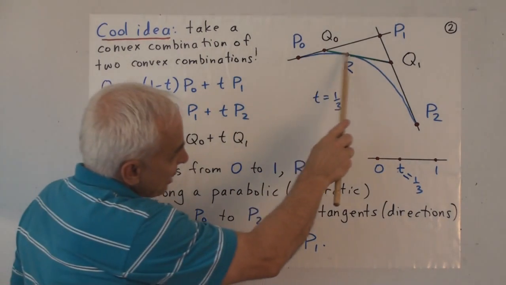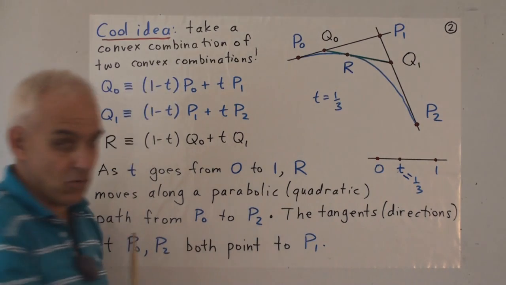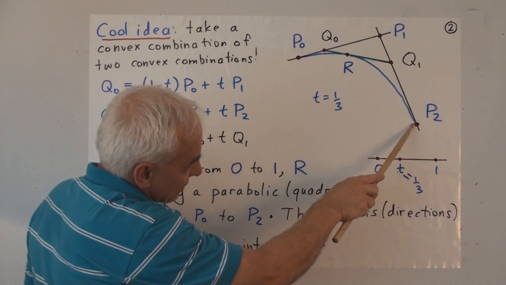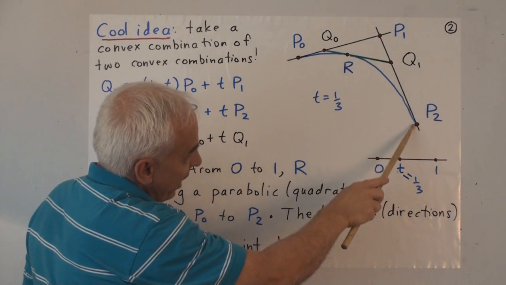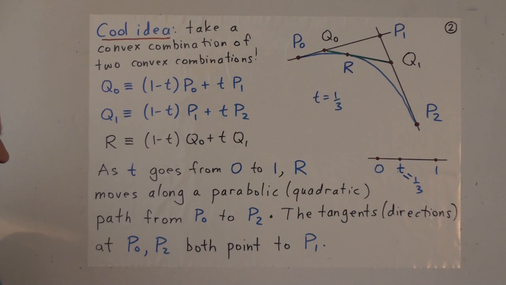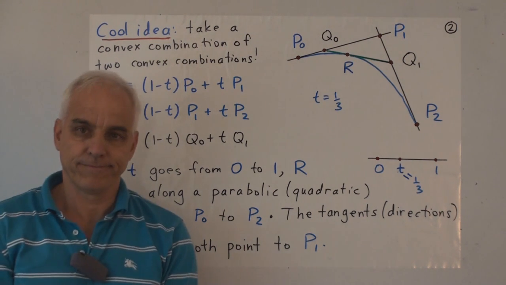And similarly, near the end of the trajectory, as we get closer to T equals 1, the point R is coming into P2 in a tangential way to the line P1, P2. So we can say that the tangent directions at P0 and P2 both point to P1.